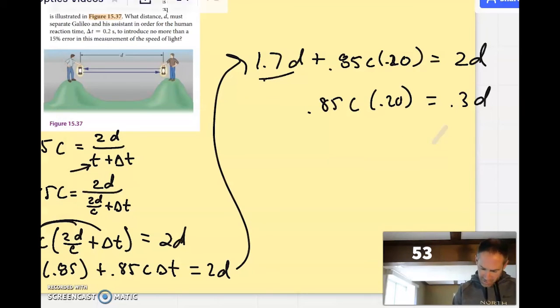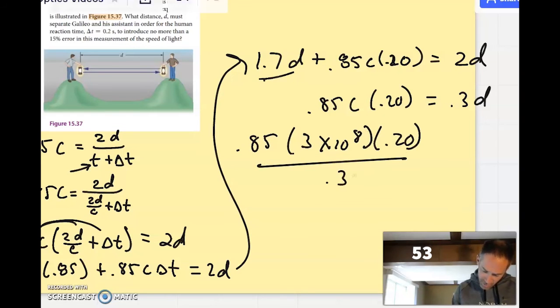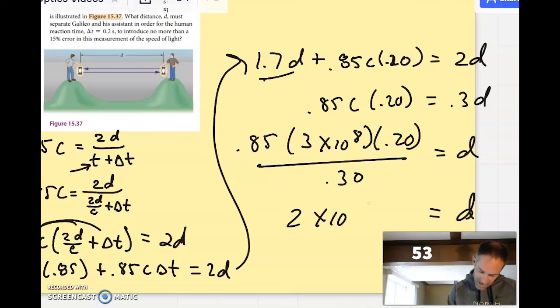Now we know that the speed of light is 3 times 10 to the 8th, so I'll make this 0.85 times 3 times 10 to the 8th times the 0.2, and I'll divide that by the 0.3, and that'll give me the d. And if you go ahead and put this through, you wouldn't think it would come out this nicely, but it actually comes out to 2 times 10 to the 8th meters.